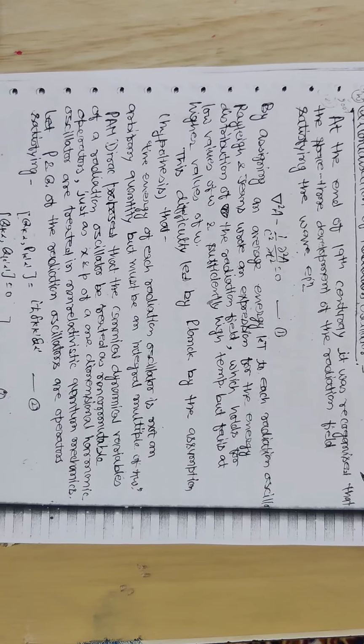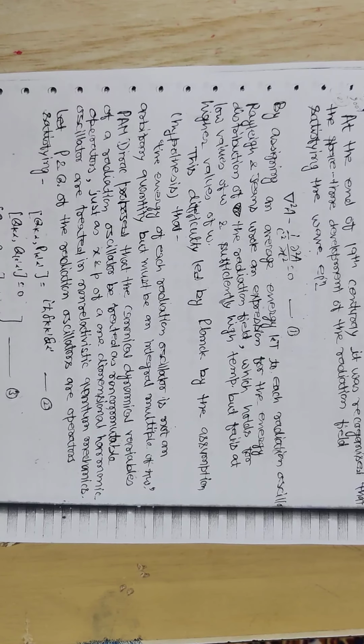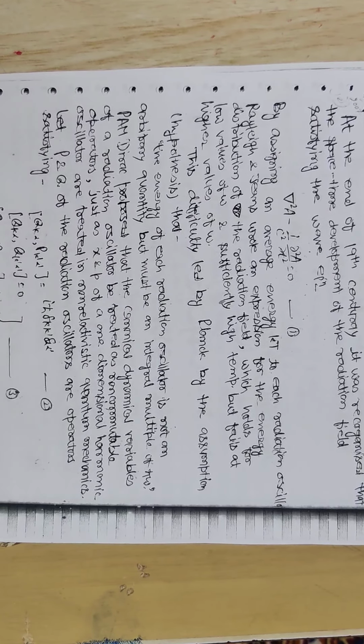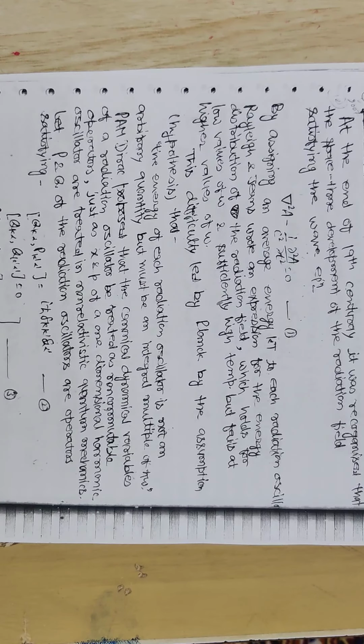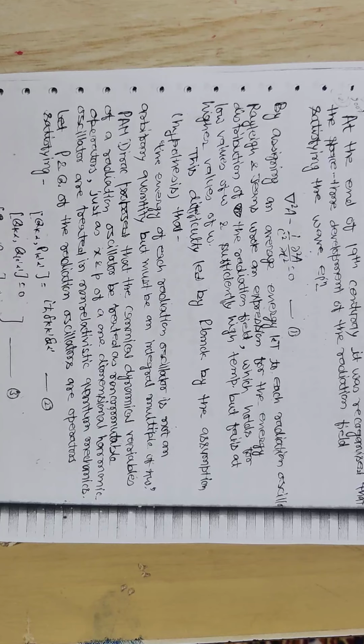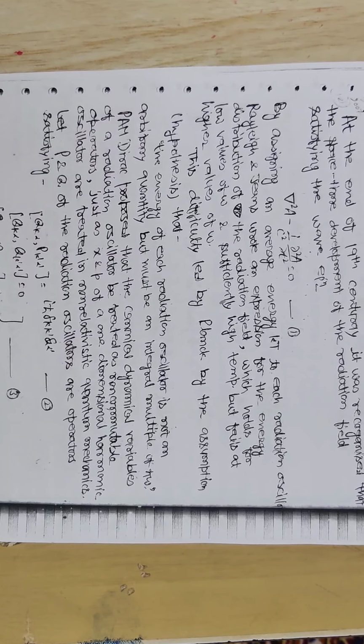This difficulty led Planck to the hypothesis that the energy of each radiation oscillator is not an arbitrary quantity but must be an integral multiple of h cross omega, where h cross is equal to h upon 2 pi, where h is the Planck constant. You are well familiar with this hypothesis.